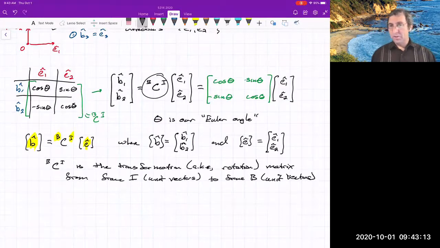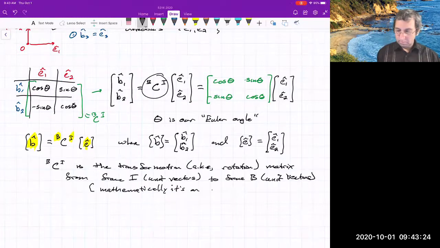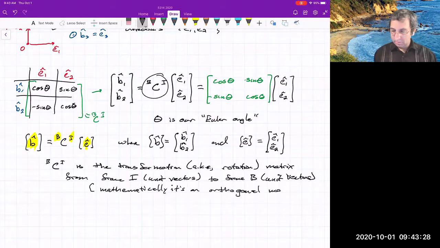It's an orthogonal matrix. So mathematically, what is it? It's an orthogonal matrix, which means that its inverse is its transpose.